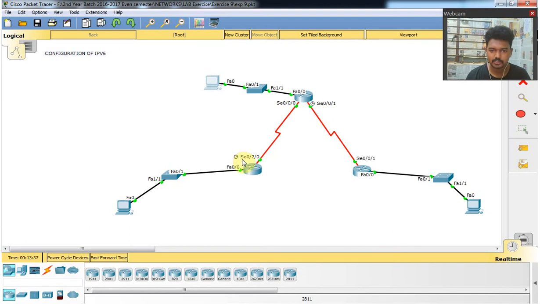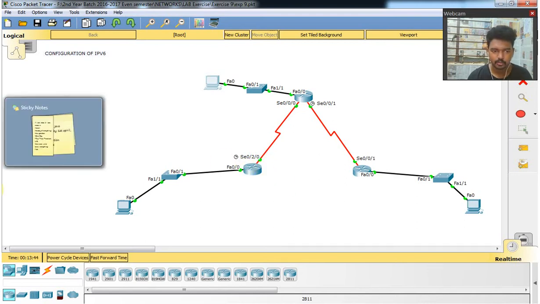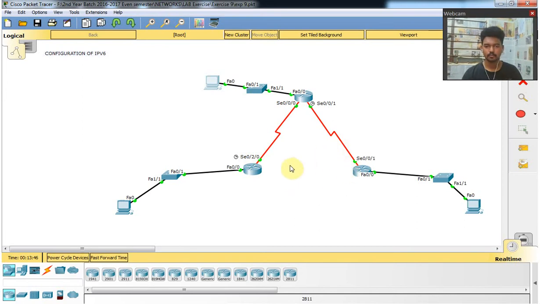Similarly, there is a clock rate present over here, SE0/2/0, so it is necessary to mention the clock rate. And it's FE0/0 over here, so the interface used will be int FA0/0, then ipv6 address, then the address of this particular gateway.